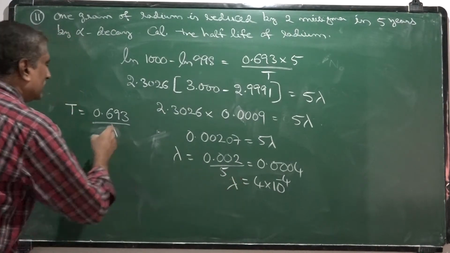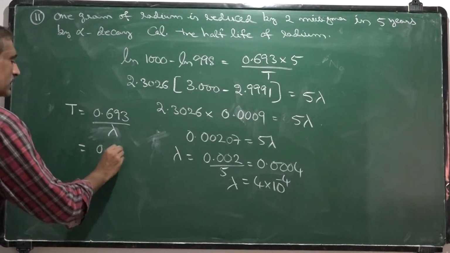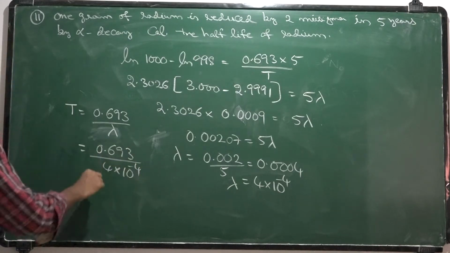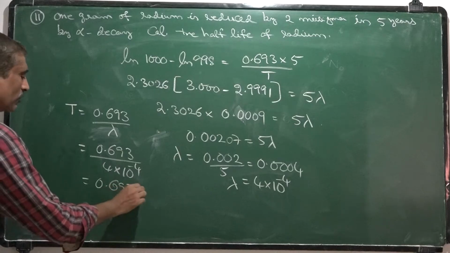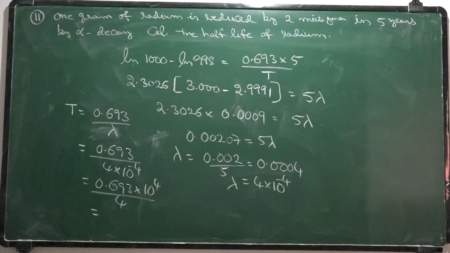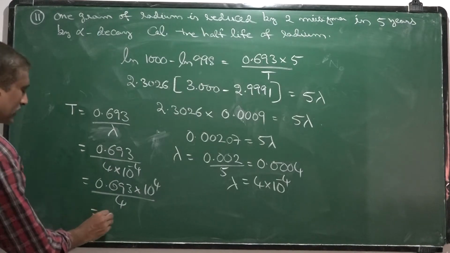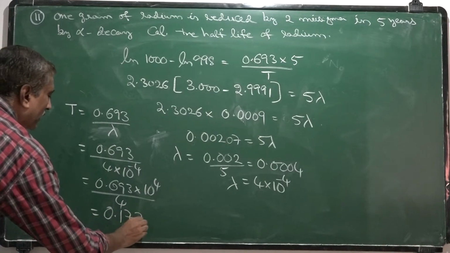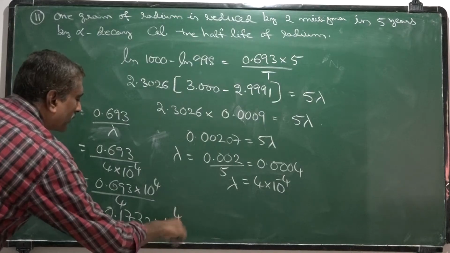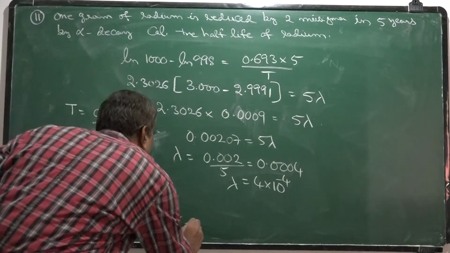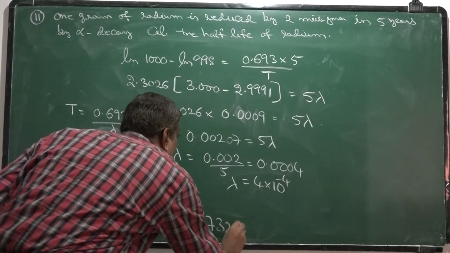So 0.693 by 4 into 10 to the power minus 4, and that is 0.693 into 10 power 4 by 4. That is 0.1732 into 10 power 4, that means 1732 years.